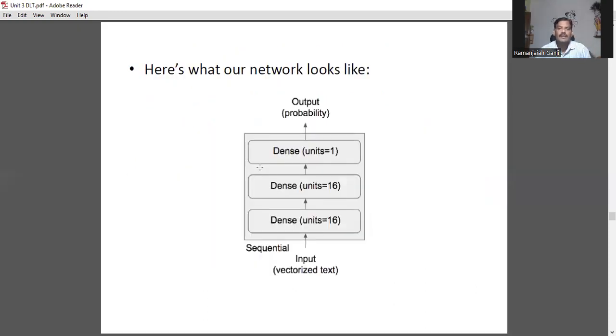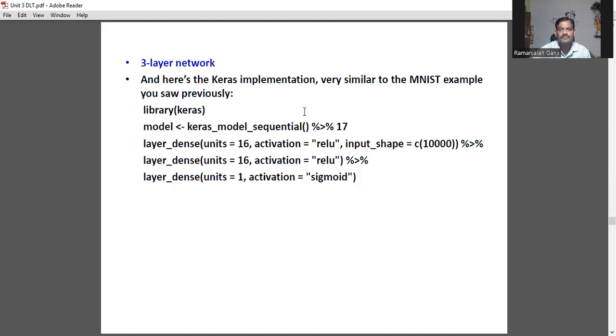See this output. The input is the vectorized text, and everything is in terms of a sequential stack of layers: Dense units equal to 16, again Dense units equal to 16, and Dense units equal to 1. The output is the probability. This is a three-layer network.